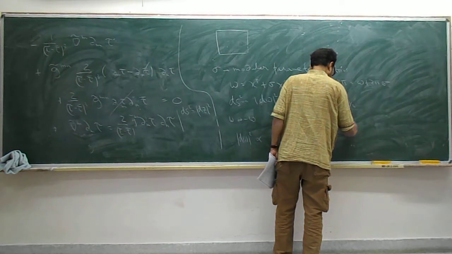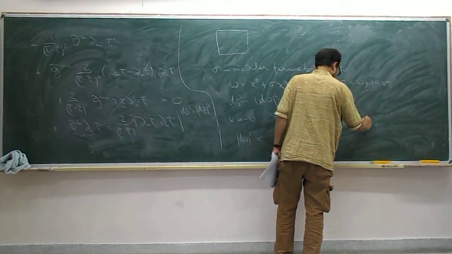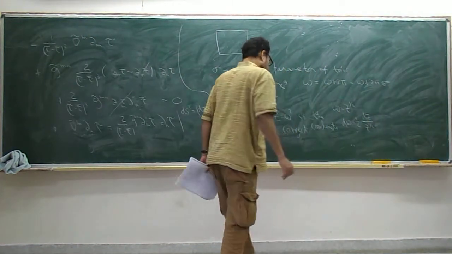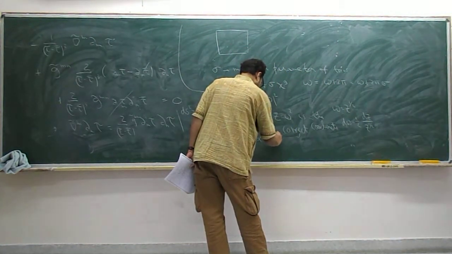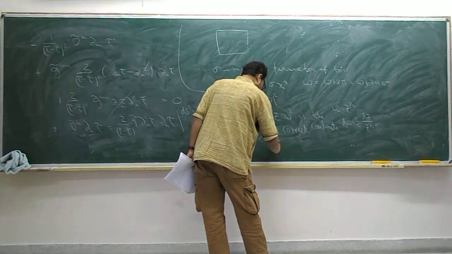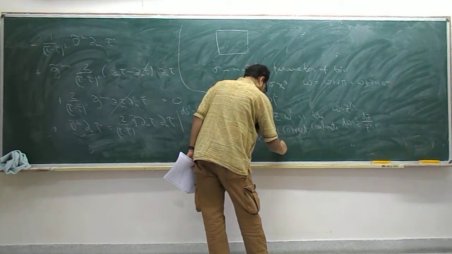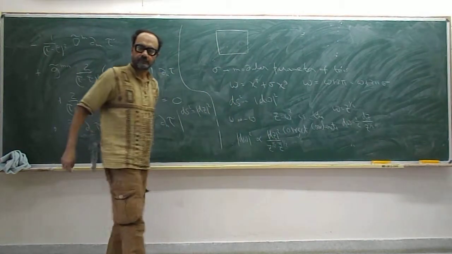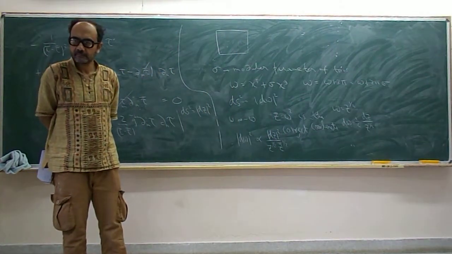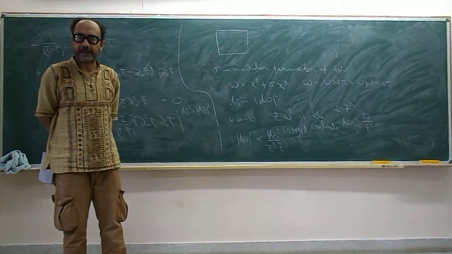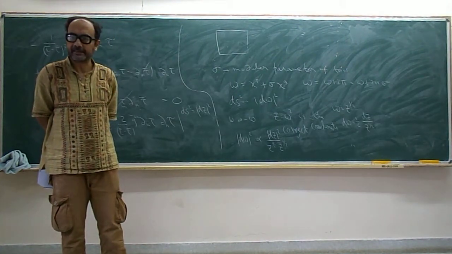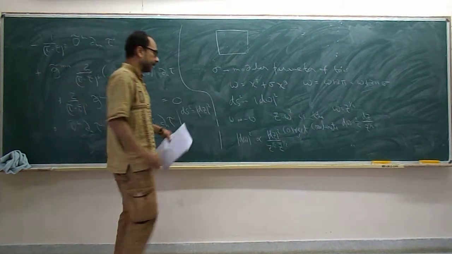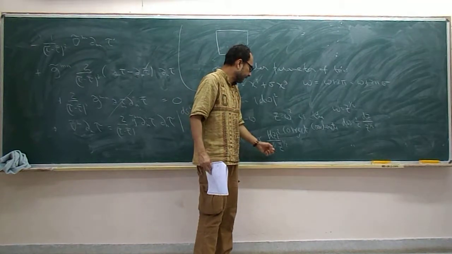So dw is half dz over z to the half. So this becomes basically mod dz square over mod z to the half. It is still a flat metric because after all changing coordinates doesn't make the metric non-flat. It's still flat except that there is a conical curvature singularity at z equal to 0.